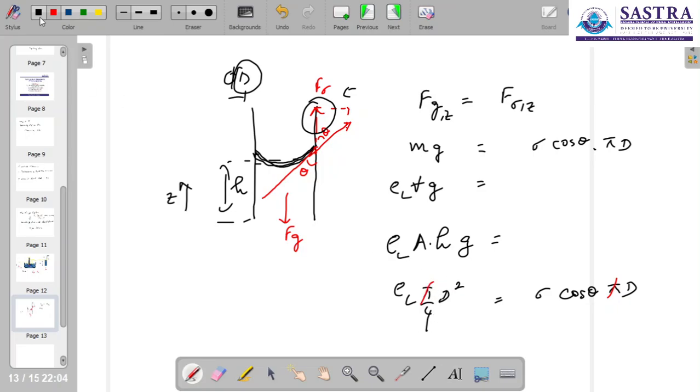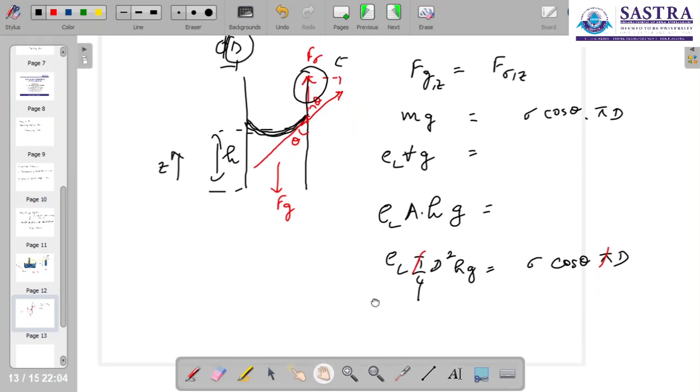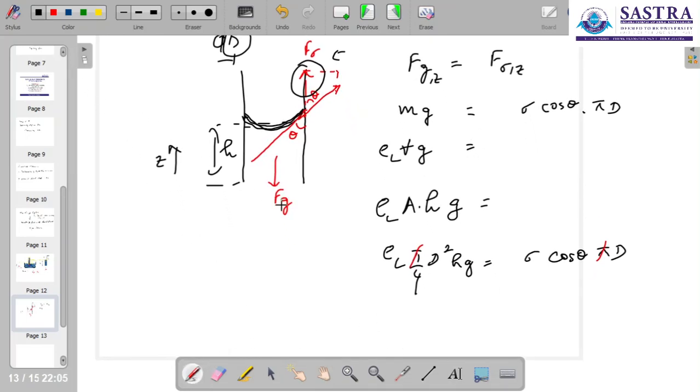So pi by 4 d squared h times g is on the gravity side. This gives you the expression h equals 4 sigma cos theta by rho g d.